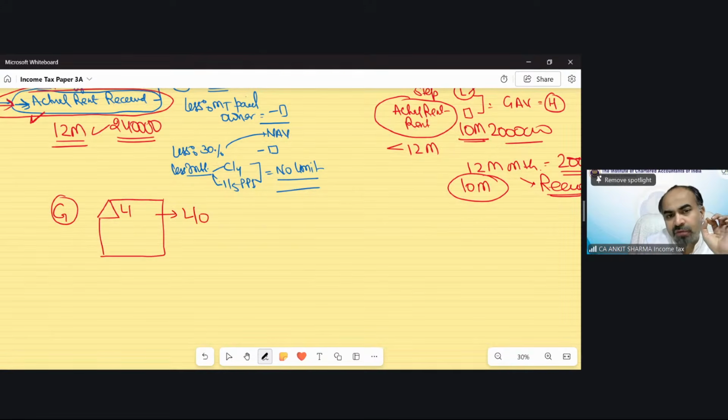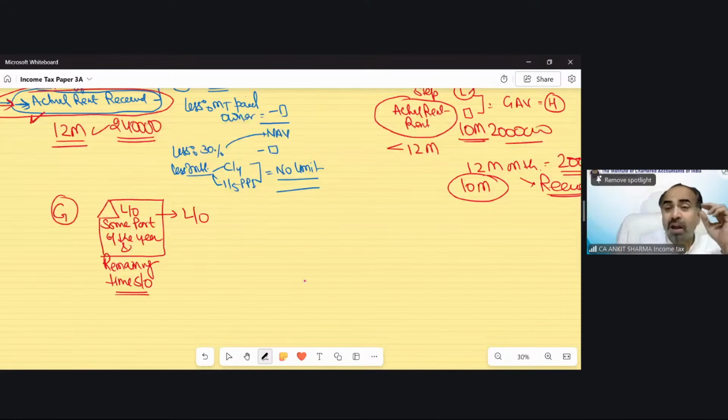If let out for some part of the year, and the remaining time self-occupied. So it is not that part of the property is let out and part is self-occupied. It's not a first floor, ground floor case. That's different. It is for part of the year.